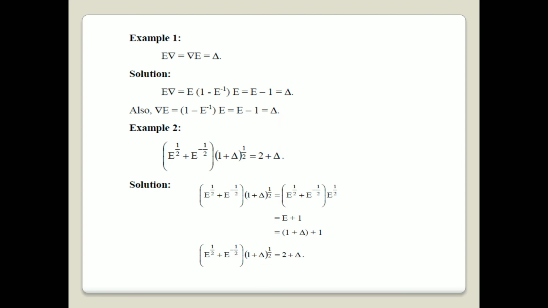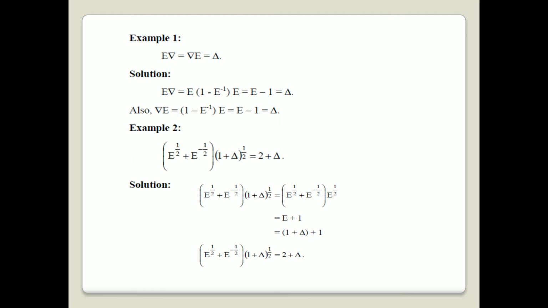Also, nabla into E is equal to, the value of nabla is 1 minus E raised to minus 1 in a bracket, into the shifting operator E as it is, which is equal to multiplying each term in the bracket by capital E which is outside the bracket.